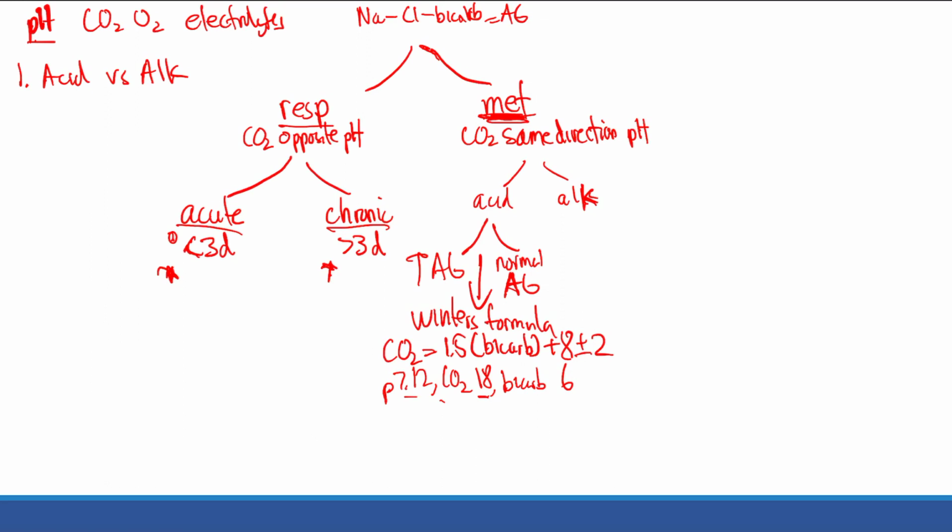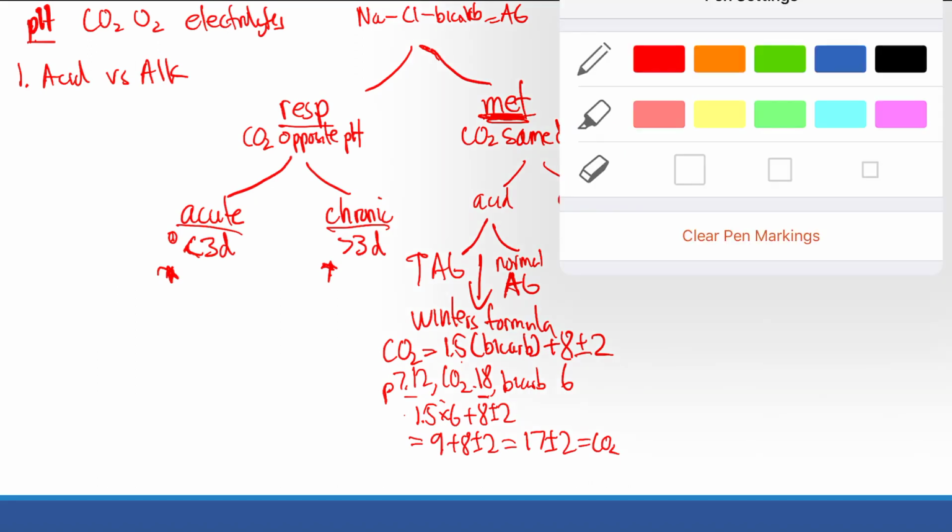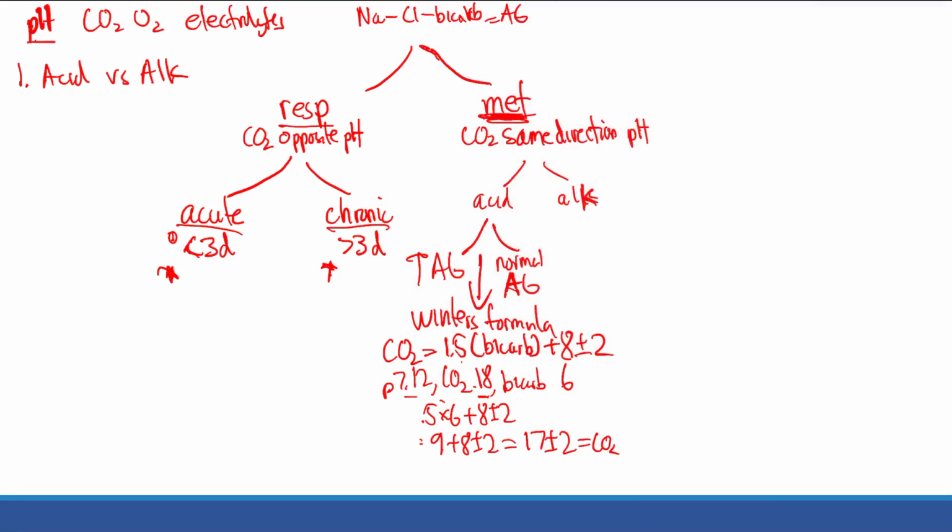So CO2 equals 1.5 times bicarb plus 8 plus or minus 2. So that's 9 plus 8 plus or minus 2, which equals 17 plus or minus 2. This should equal the CO2. I told you that CO2 here is 18, so that is correct. So we do have appropriate respiratory compensation, and we figured that out thanks to Winter's formula.